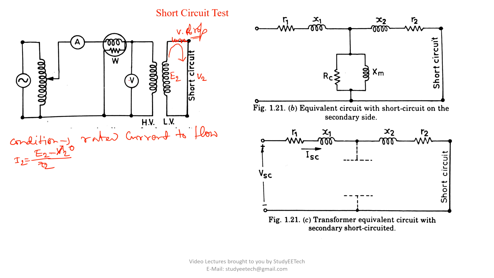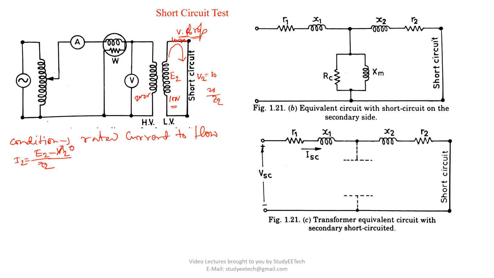Now we can say, if you apply 200 volt on the high voltage side, and 100 volt on the low voltage side, then during the short circuit 100 volt is not required to force the secondary rated current. Look, if there is 100 volt and V2 was, let's say, 80 volt, then the difference of 20 volt across this impedance Z2 would make the rated current flow.